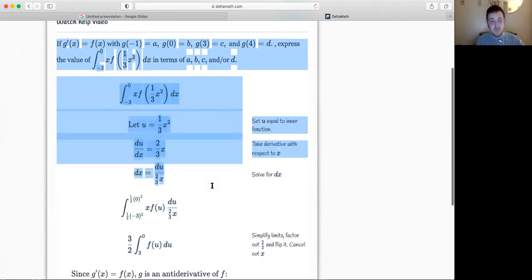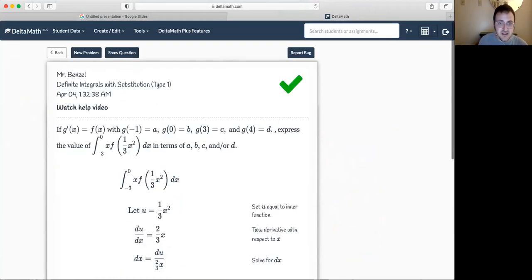So that one is a little bit conceptual in the sense that you have to connect that. It says if the derivative of g is what is inside what you need to take the antiderivative of, then g itself is the antiderivative.